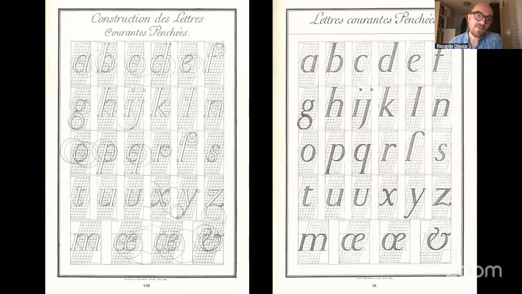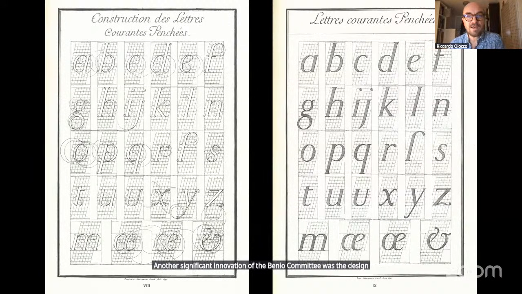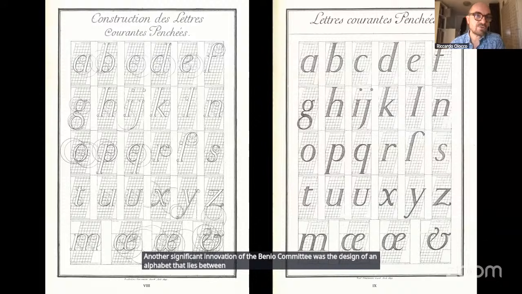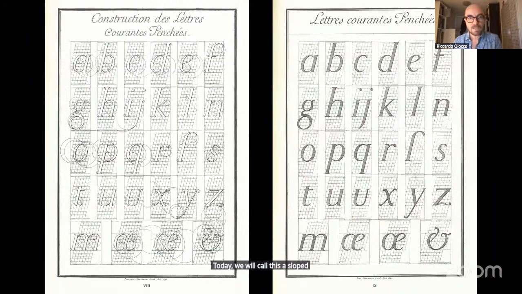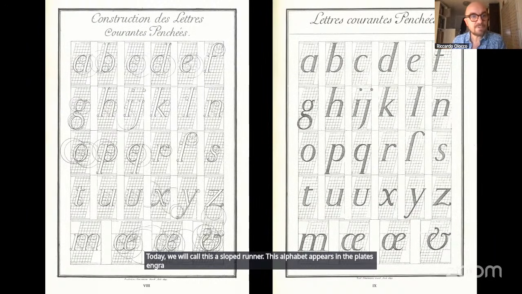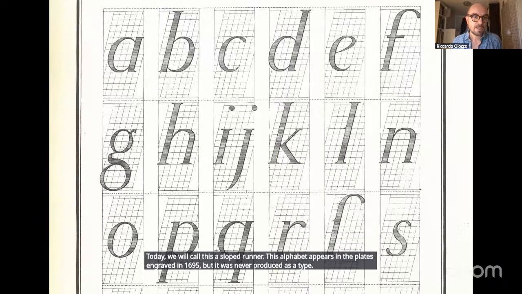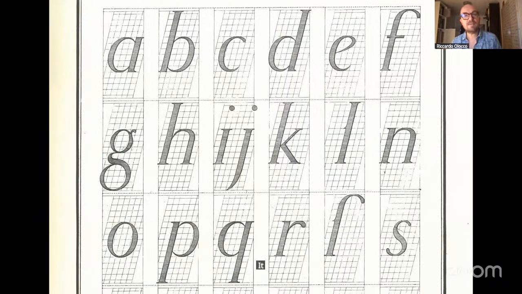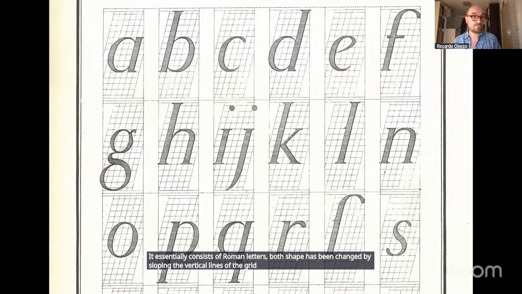Another significant innovation of the Bignot Committee was the design of an alphabet that lies between Roman and conventional Italic. Today we would call this a sloped Roman. This alphabet appears in the plates engraved in 1695, but it was never produced as a type. It essentially consists of Roman letters whose shape has been changed by sloping the vertical lines of the grid within which they are drawn.